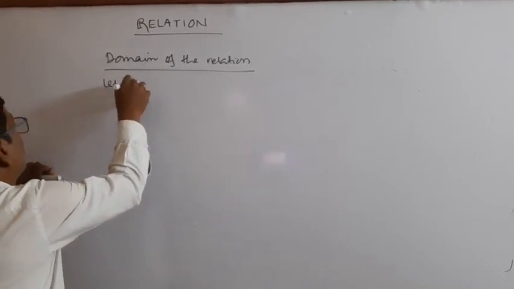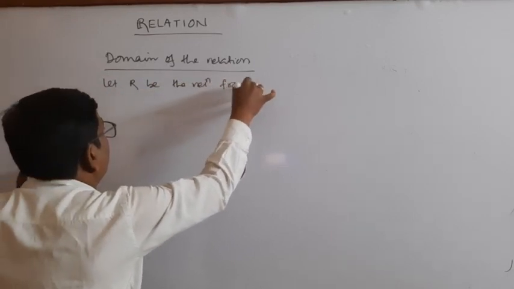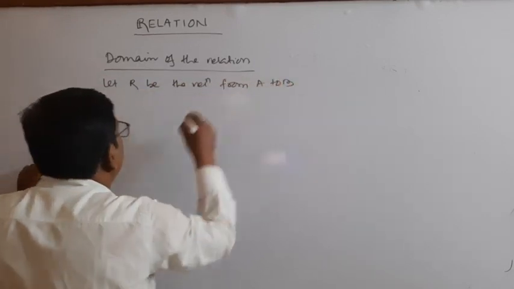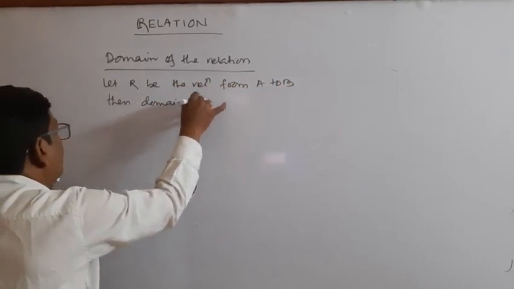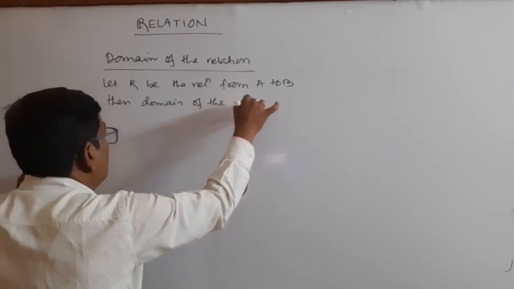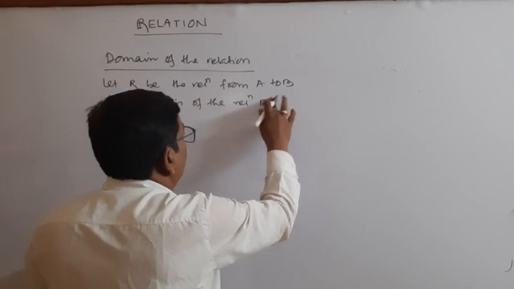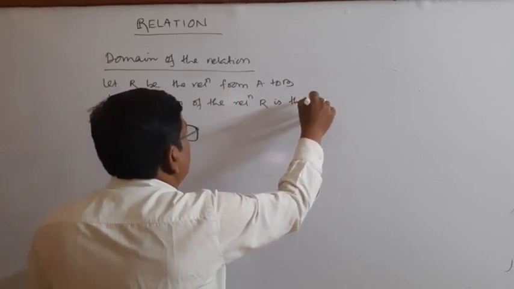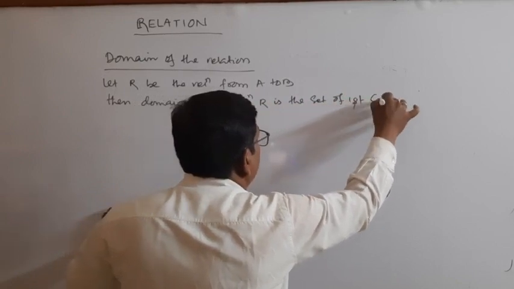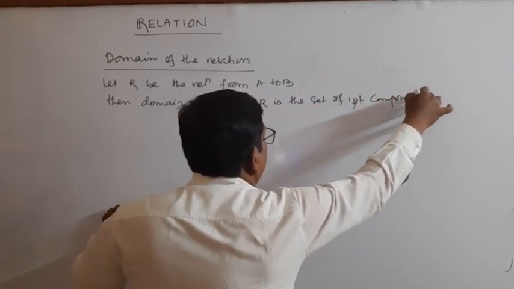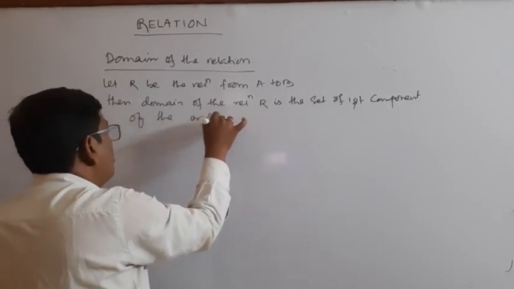Let R be a relation from A to B, then the domain of the relation R is equal to the set of first components of the ordered pairs of the relation.